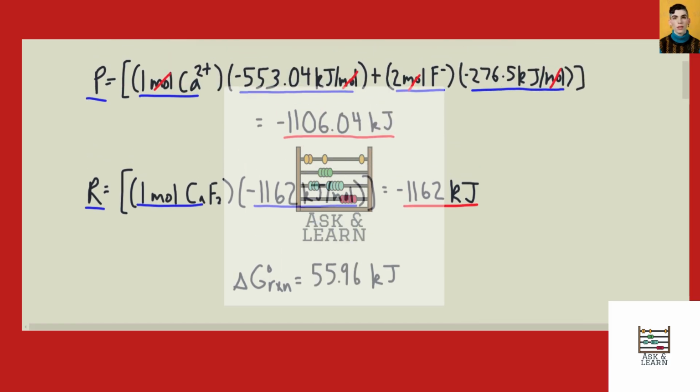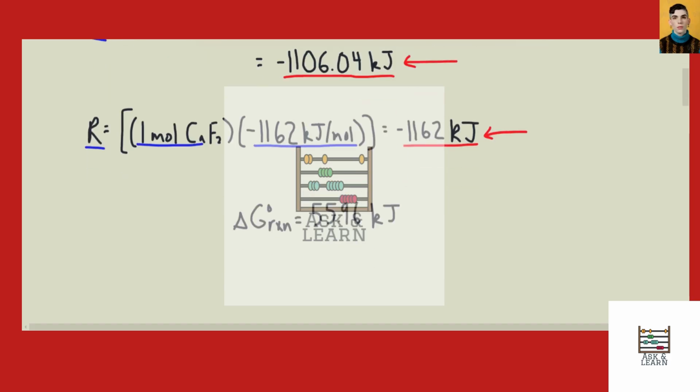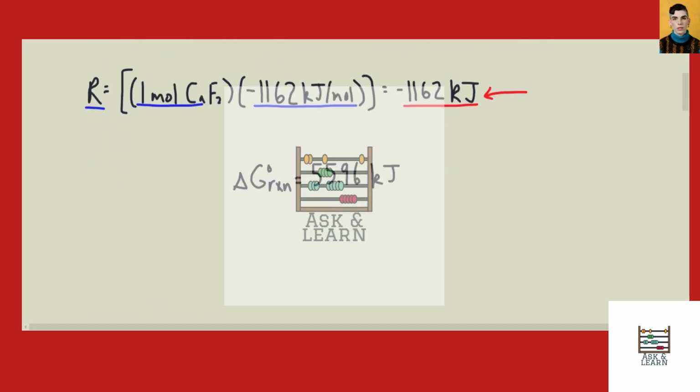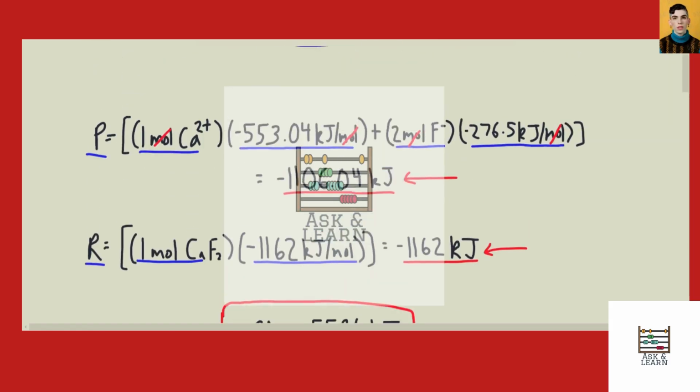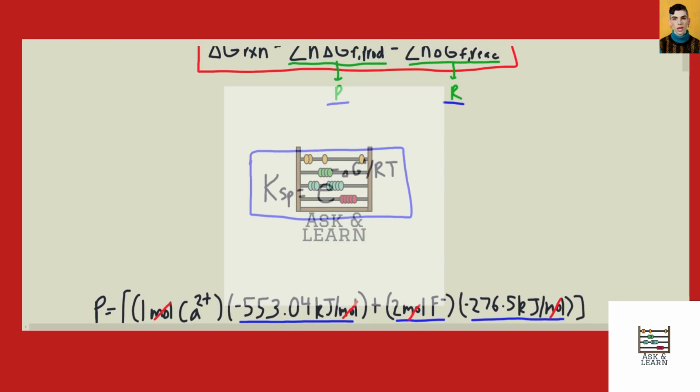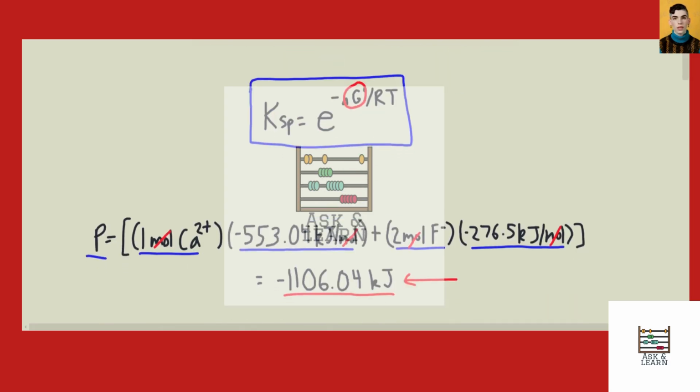Now we take the total change in Gibbs free energy of the products and subtract that same quantity for the reactants to get the total change in Gibbs free energy of this reaction, delta G reaction, to be about 55.96 kilojoules. And now we plug that value into this equation to solve for KSP.